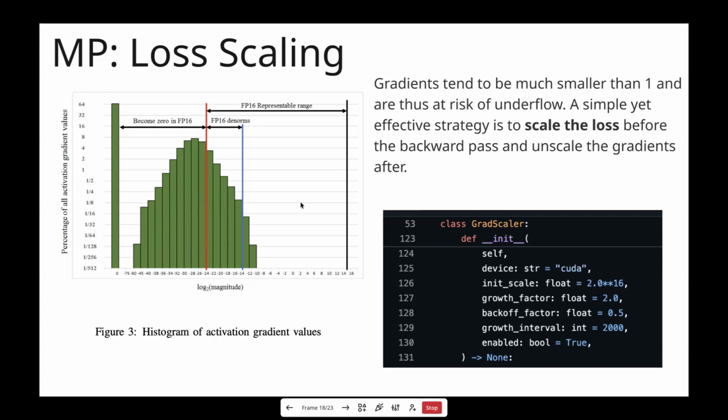And if you fall into overflow, you just use the backoff factor. You just divide your scale by 2. If you're underflowing or most of your values become 0, you just apply the growth factor, which is by default 2, and just shift this histogram 1 bin to the right, if that makes sense. And you do this several times, and then you will find an init scale that just works for you.